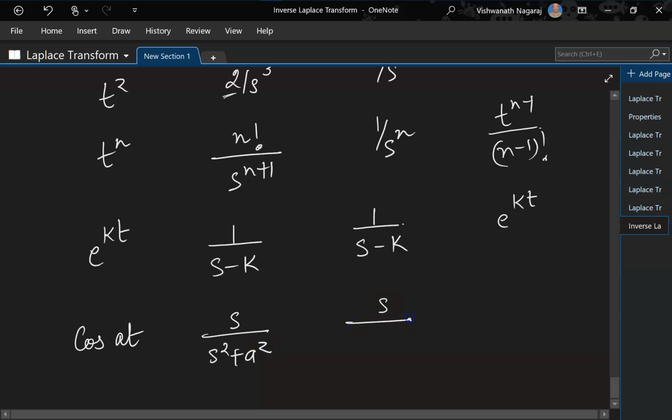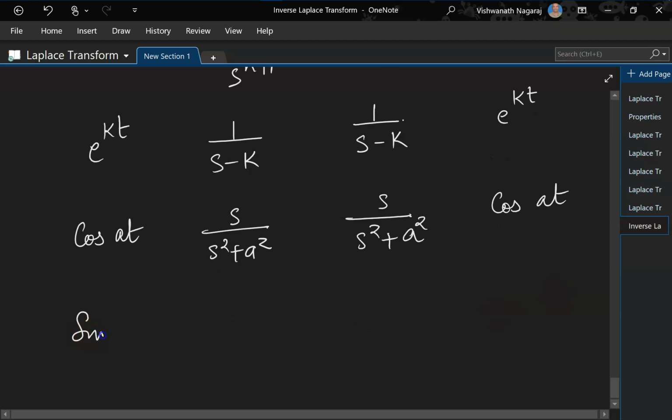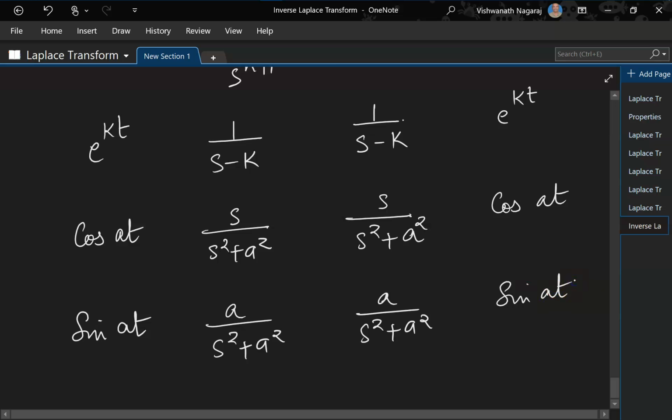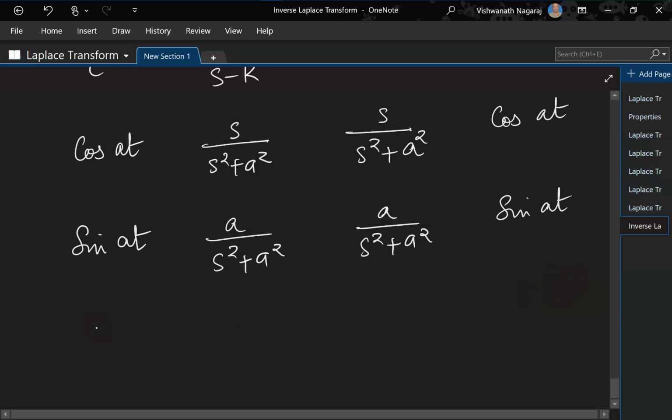The general pattern would be s by s square plus a square, and this will be cos at. Similarly, sin at would be a by s square plus a square, and this would be sin at. So as you can see, it is pretty straightforward. The only thing is you have to remember it.